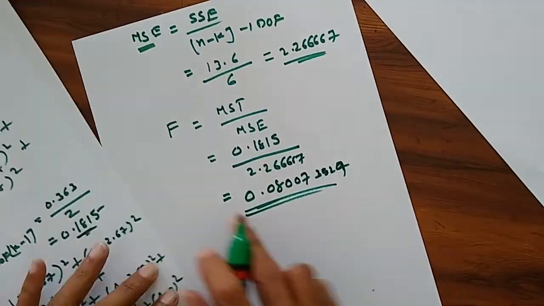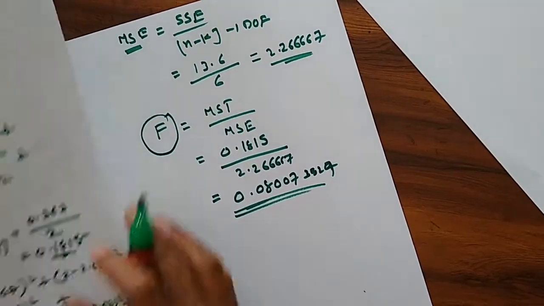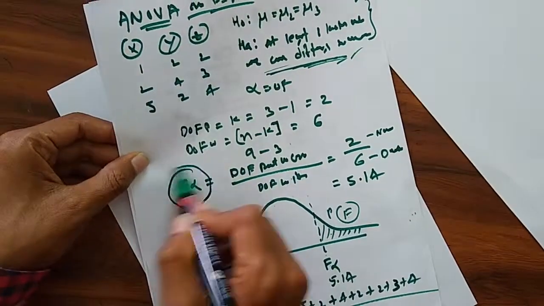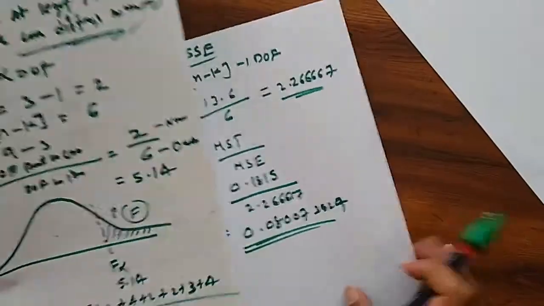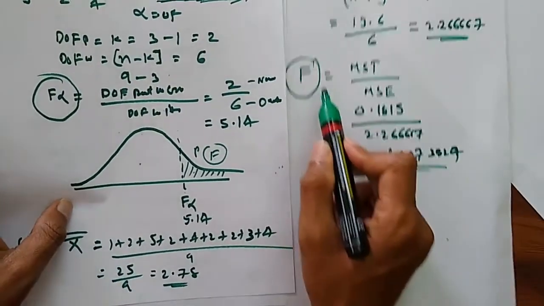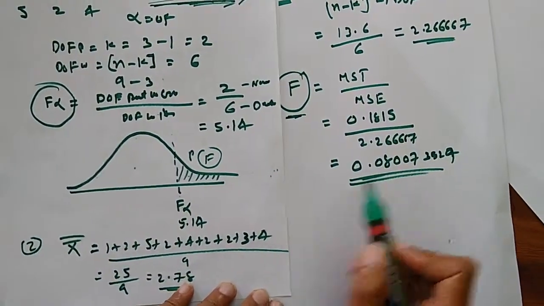So now we come to the end. We know the value of F, and if you remember, at the start of our problem we calculated F alpha. We know F alpha is 5.14. So now we know the value of F also. F is 0.08.